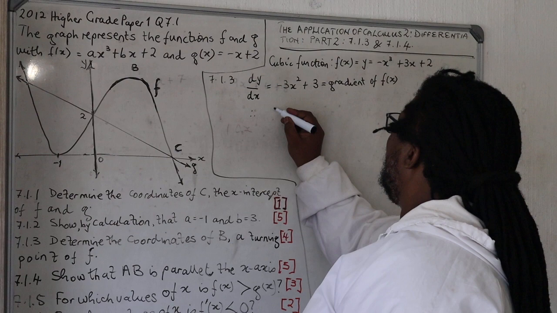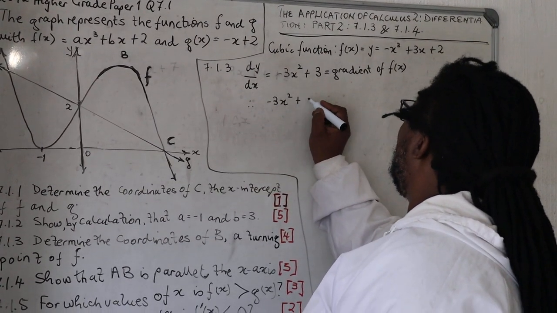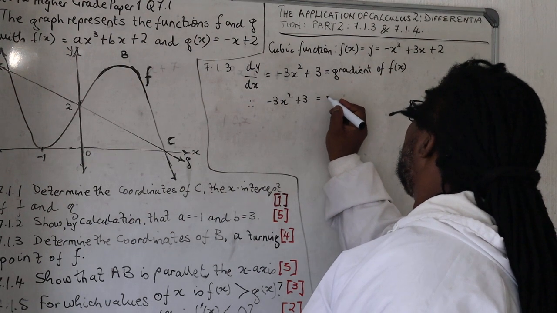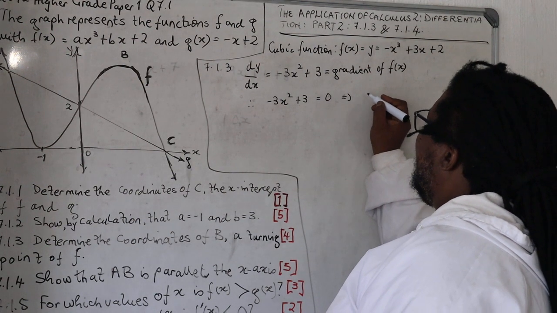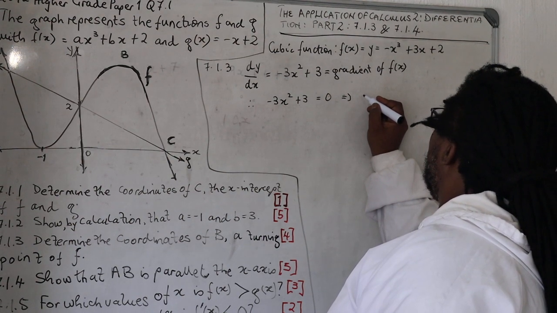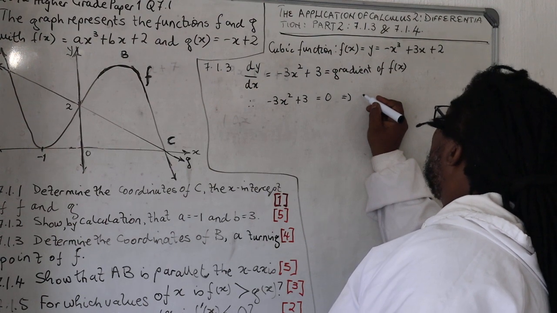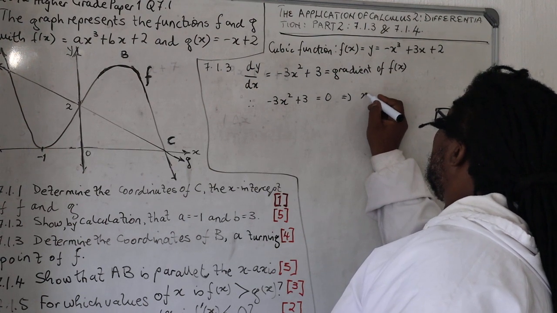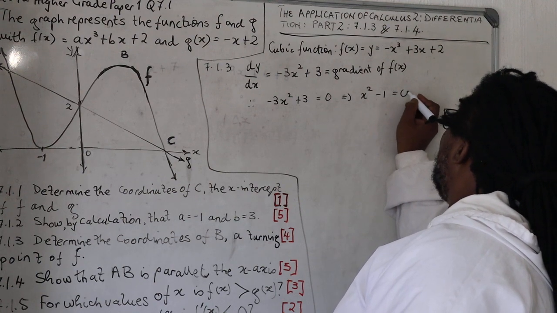Therefore, we have minus 3x squared plus 3 is equal to 0, and we divide both sides by minus 3, we get x squared minus 1 is equal to 0.